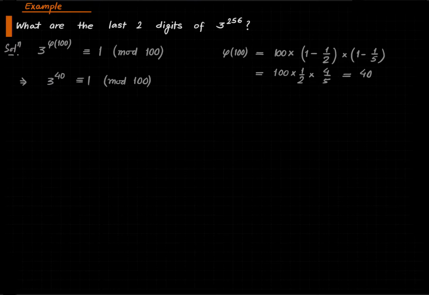And now we will find the remainder of this exponent modulo 40 and so on. So let's raise both sides to the power 4, not 4, maybe power 6.